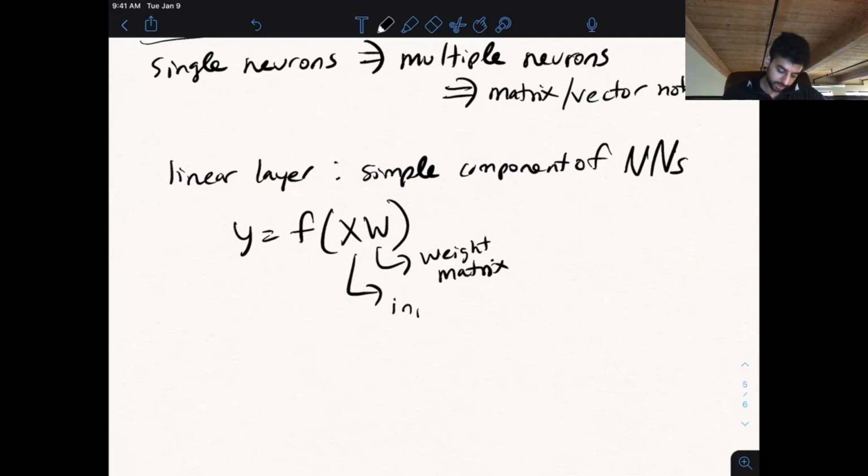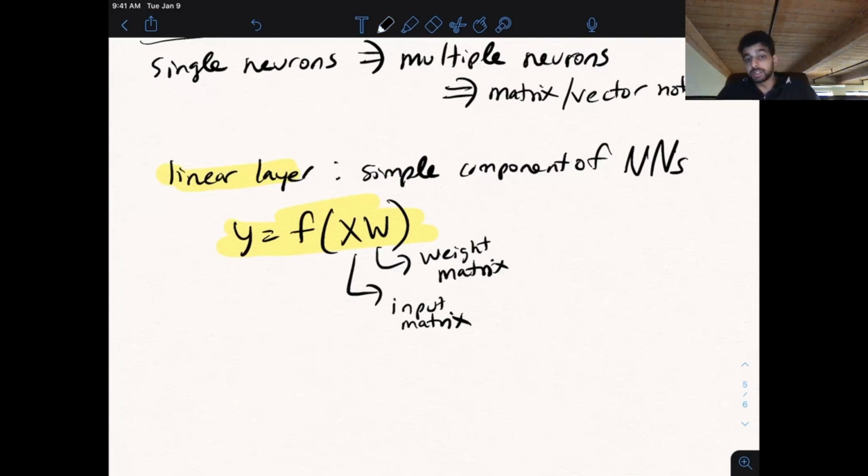Here we'll call this the input matrix, I guess. Okay, so now we no longer have scalars. Both X and W are matrices, but W is the parameter that we're interested in. I'll just highlight that this linear layer is also called a feed-forward layer or fully connected layer, and so on.